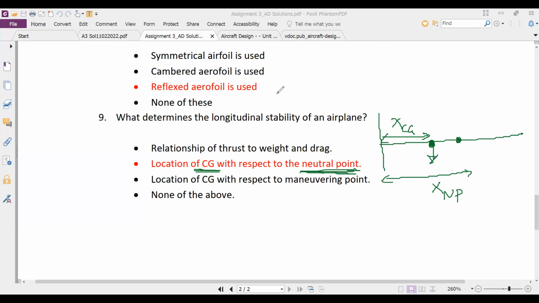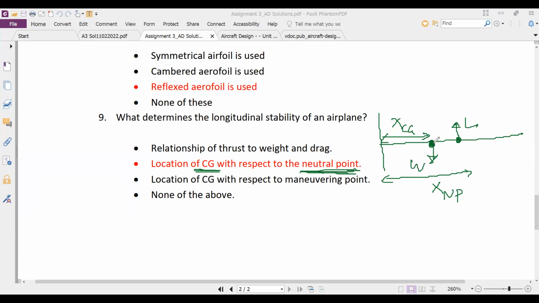AC. Someone is saying AC. So the neutral point is the AC of the aircraft. Can I say safely that the entire lift force will act here, and the weight will act here? Yes, sir. Okay.